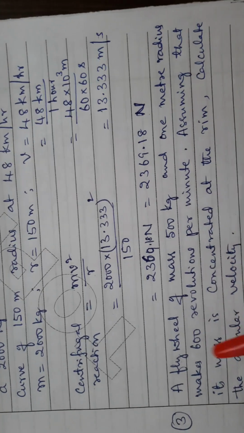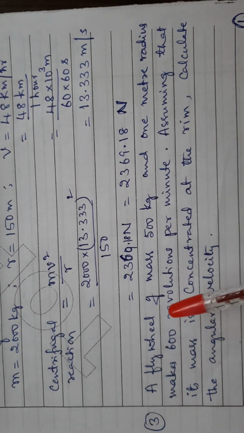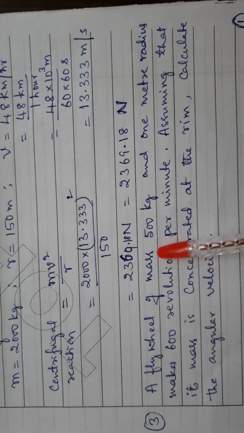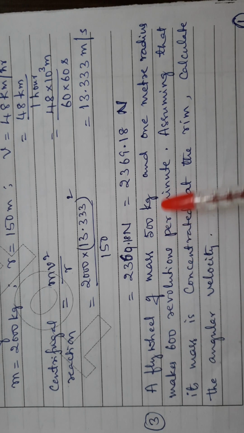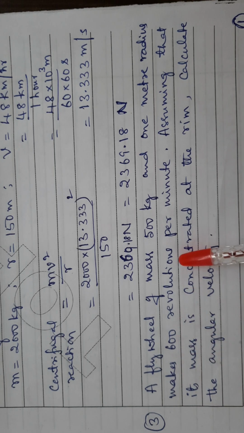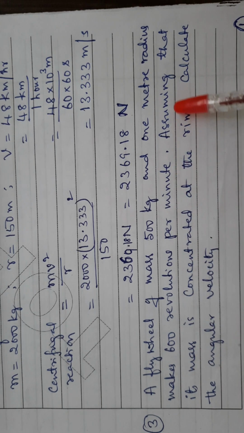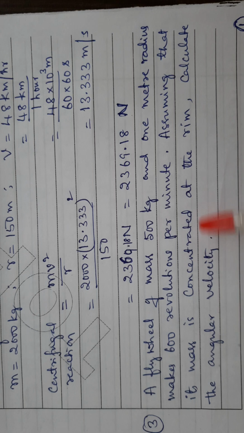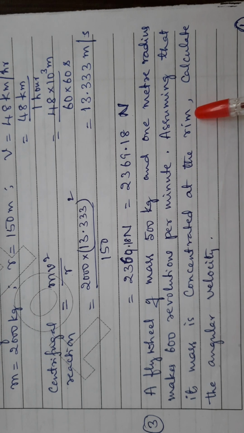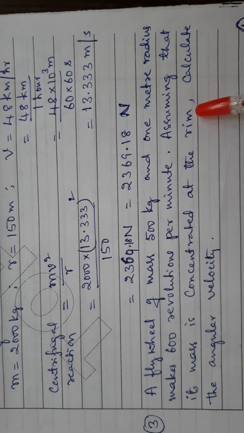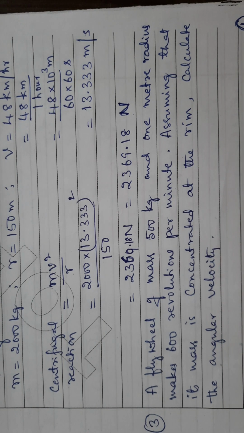There is a flywheel. Flywheel means a wheel which is rotating. Okay, a flywheel of mass 500 kg and 1 meter radius makes 600 revolutions per minute. Assuming that its mass is concentrated at the rim, not at the center, calculate its angular velocity. This is a question.